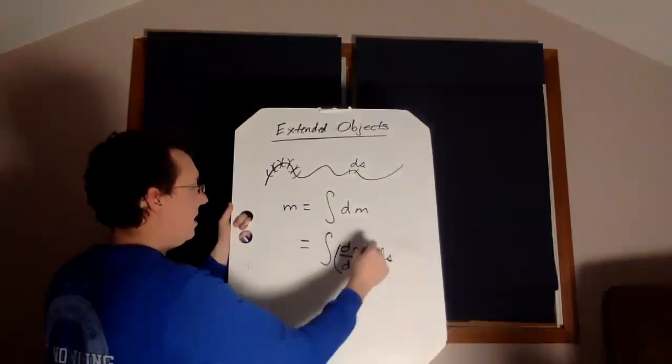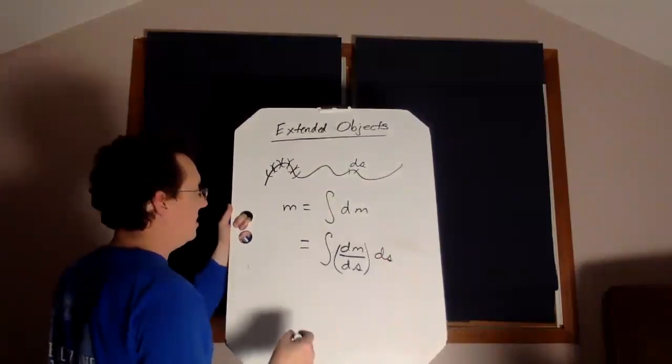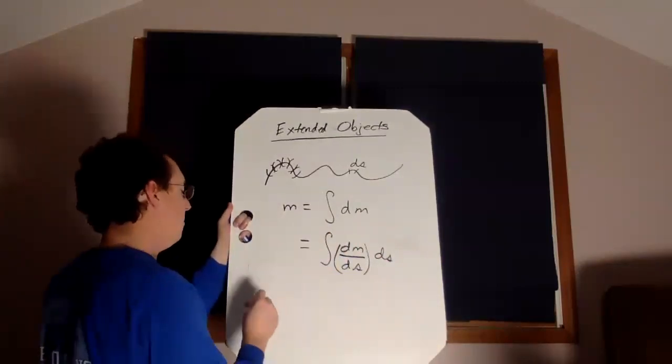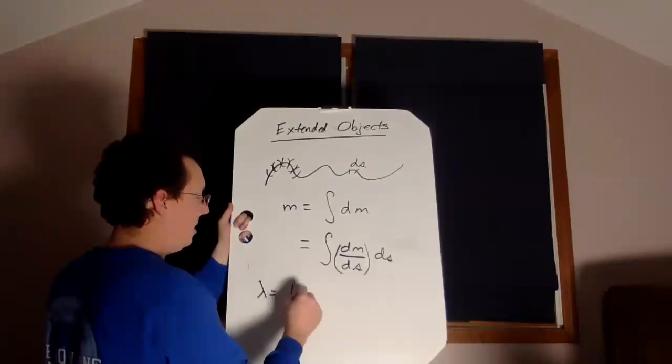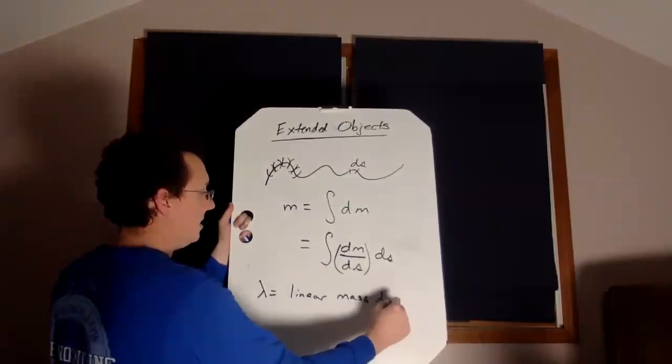And this quantity right here is called the linear charge, or linear mass density. Now, this isn't linear, but it's 1-dimensional, and that's what they're getting at. So we would define lambda to be the linear mass density.